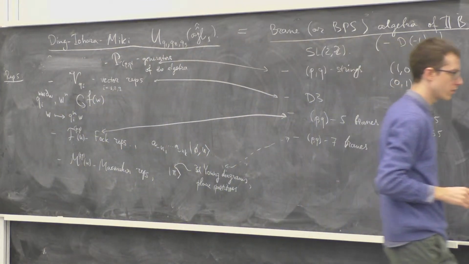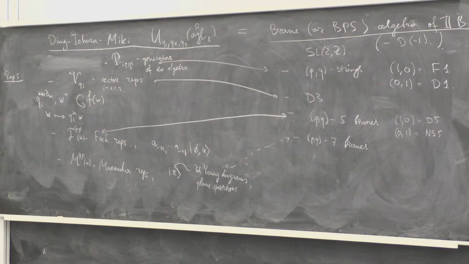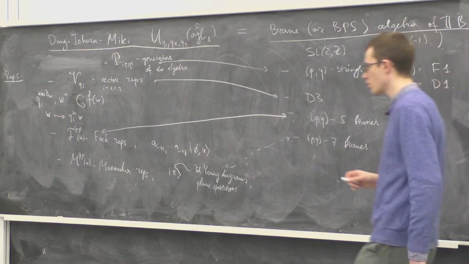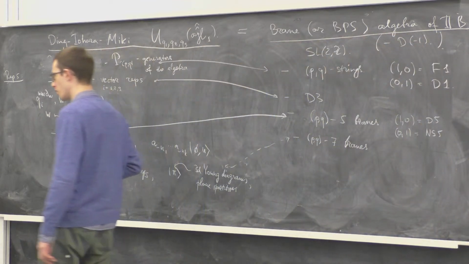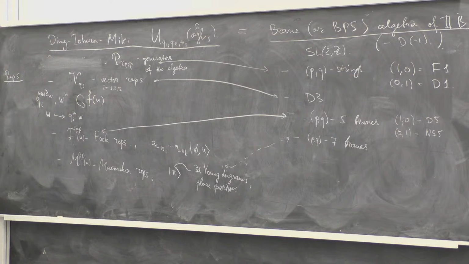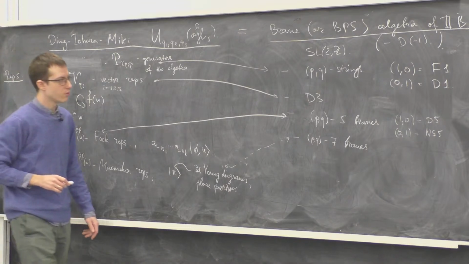So how does a string correspond to a generator? Well, that's not exactly the exact statement. The exact statement is that the junction of a string with a brane corresponds to inserting a generator, the corresponding generator, and acting with it on the corresponding representation. So hopefully we will see it.